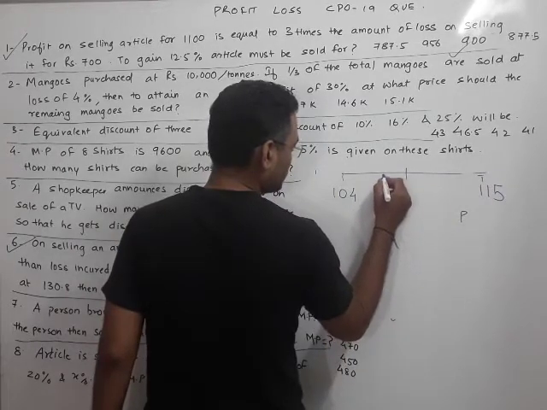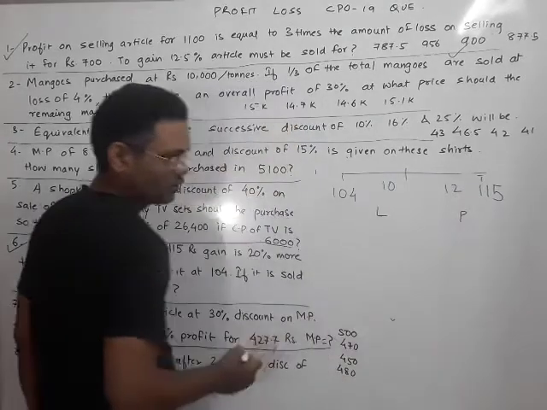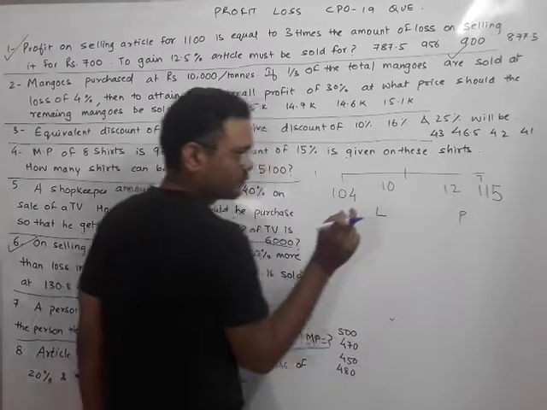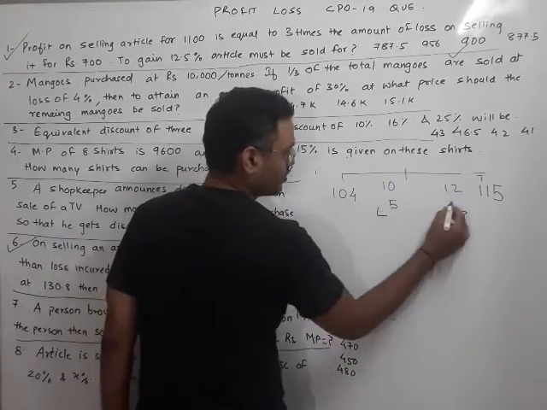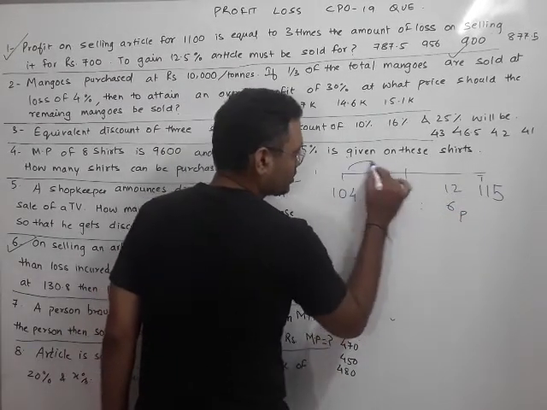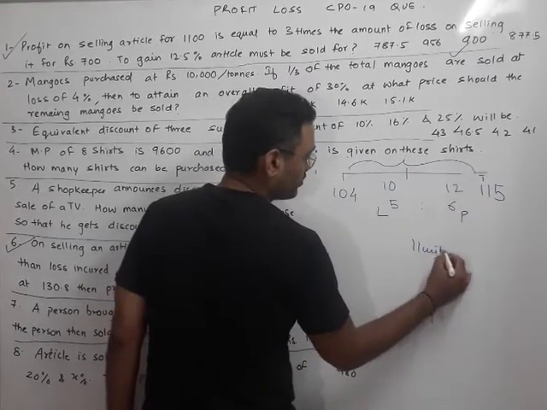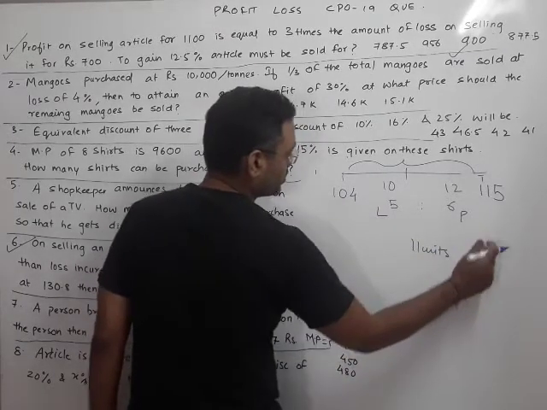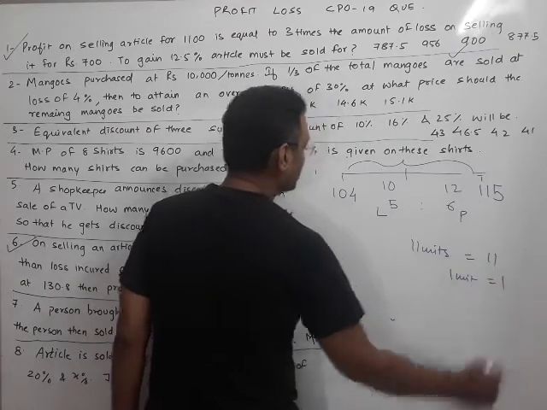Let's say if my loss is 10, this will be 12, which is 20% more than this. If you simplify it, it is none other than 5:6, which means what? My total units is how much? 11. And what is the value of total distance? It is again 11, so 1 unit is 1.